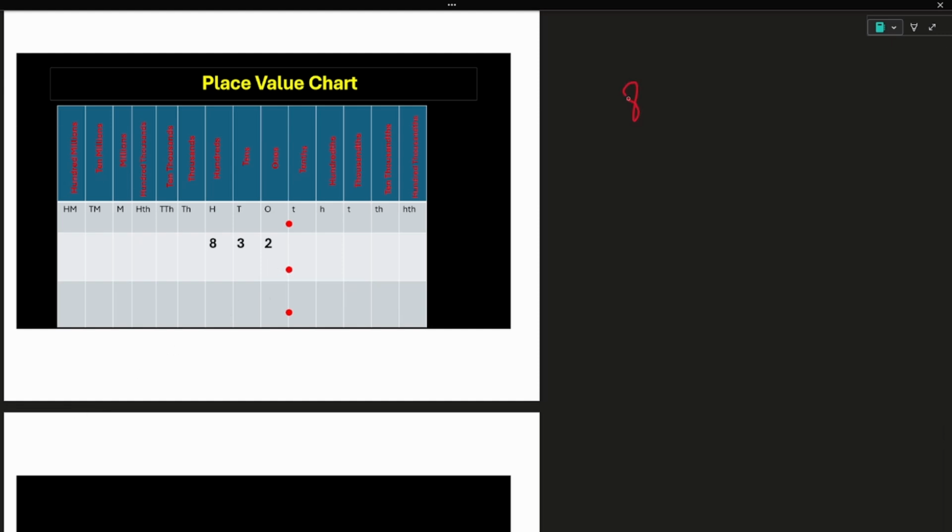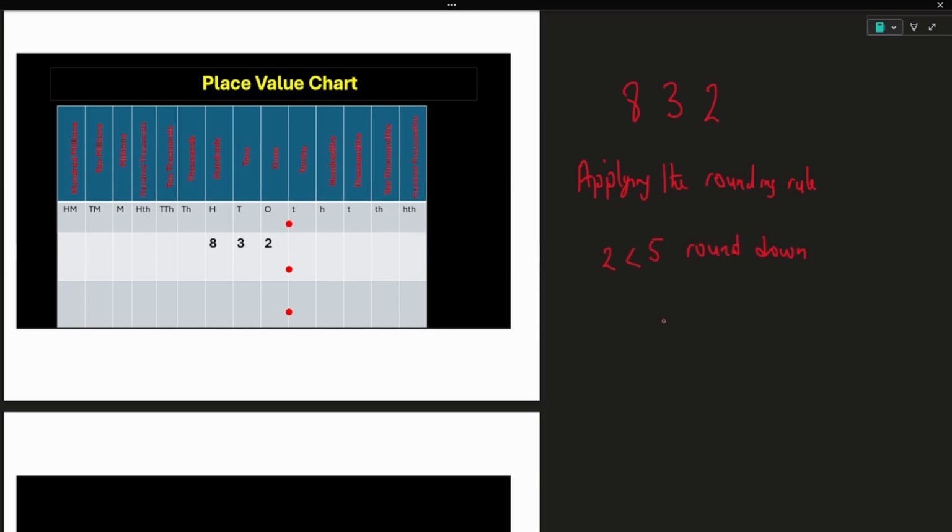So, 832, applying the rounding rule, if the digit to the right is less than 5, then we round down. Since the digit to the right is 2, is less than 5, then we round down.